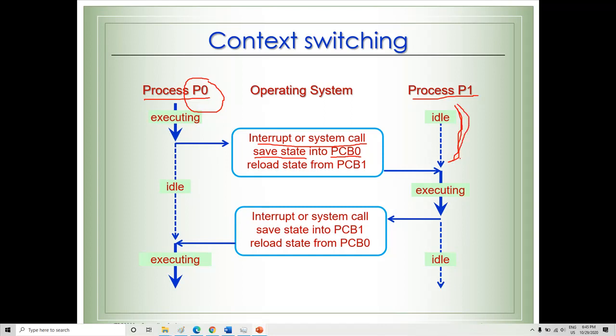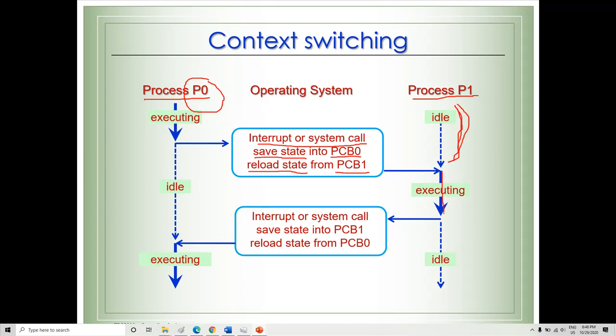Before it starts running, its current state, its memory values, register values, all would be loaded into the memory and registers from the process control block. So from its process control block, the system would read all the values and load whatever values are applicable into the memory and the registers, so that it would continue its operation.